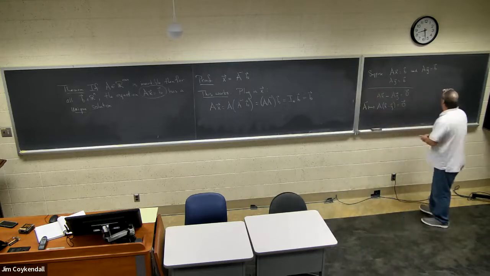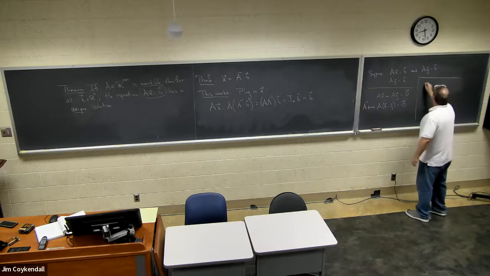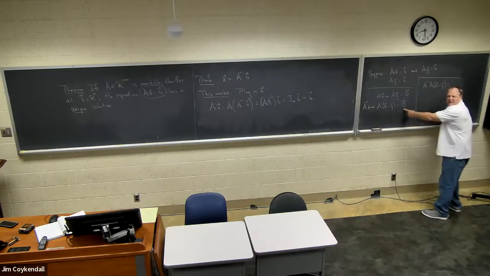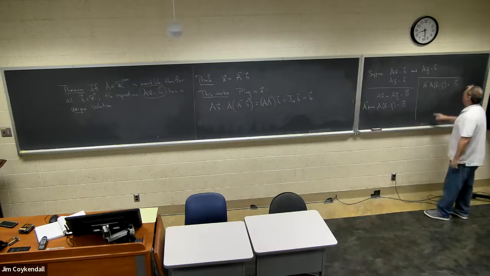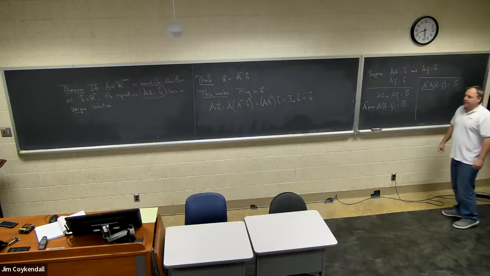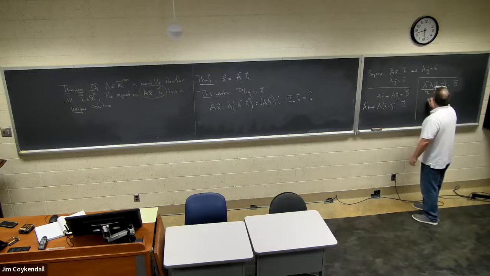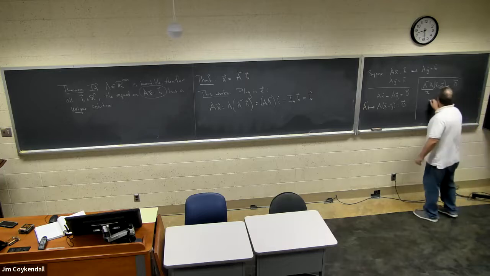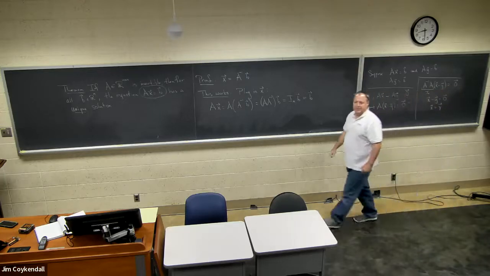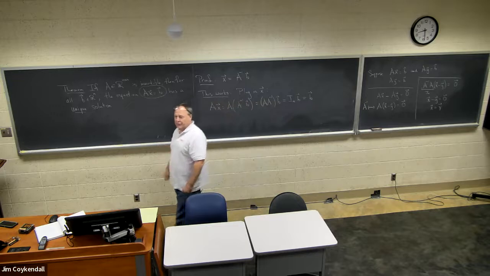I'm going to smack that with A inverse on both sides. So I get A inverse A times (X minus Y) is equal to A inverse times 0, and anything times the 0 vector is going to be 0. But what's this? A inverse A is also the identity. And so I get X minus Y is the 0 vector. So the two solutions X and Y are the same. So there is a solution, and that's it.